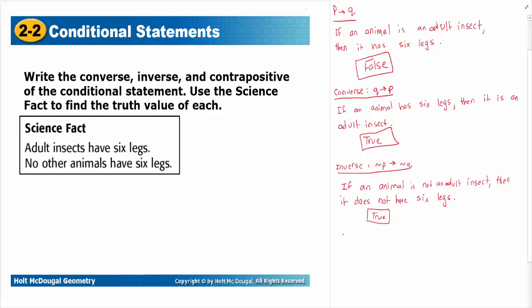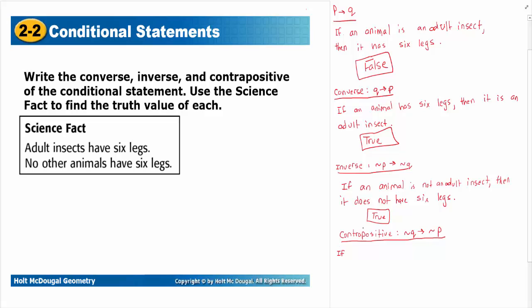And finally, we got our contrapositive. In this case, our contrapositive is going to state, if not Q, then not P. When I'm saying not Q, I'm looking at my original conclusion, it has 6 legs, but when I'm rewriting it, I need to write it using proper English.